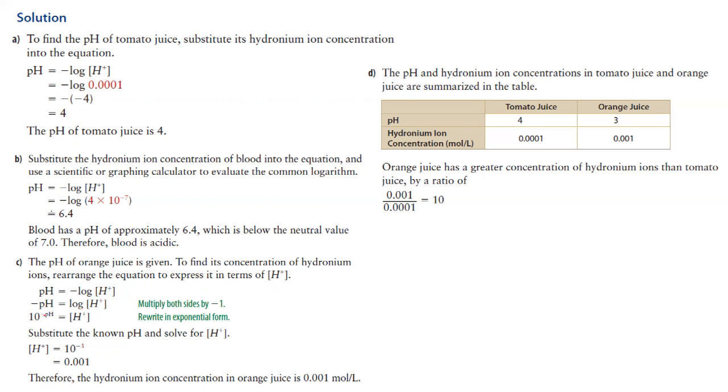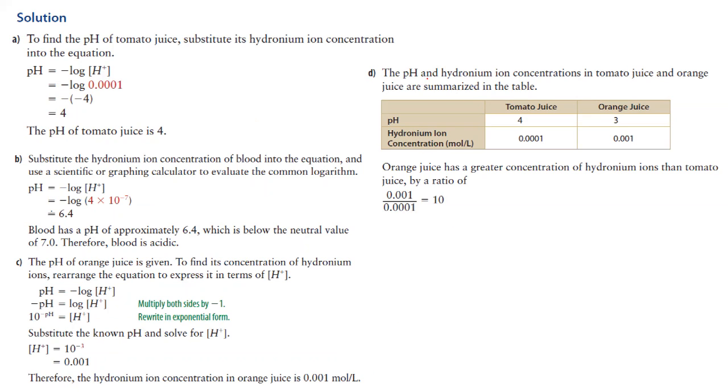So 10 to the power of minus pH equals the concentration of hydronium ions. So substitute the known pH and solve for the concentration of hydronium ions. We can get that the concentration of hydronium ions is 0.001, right? The unit is moles per liter.